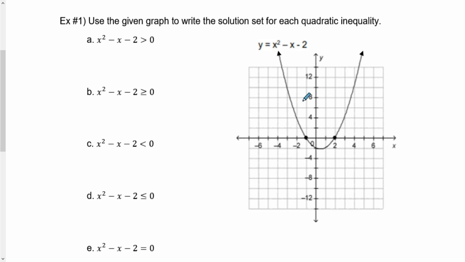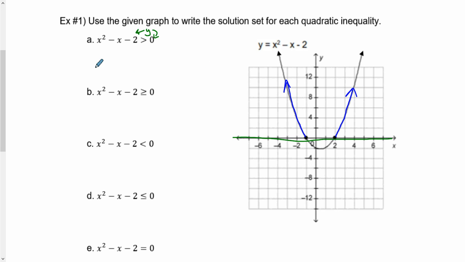Well, we can look straight at our graph and see where it's greater than our x-axis, because technically both of these sides are y. So it's y equals x squared minus x minus 2 and y equals 0. Since we're talking about where it is greater than 0, we're talking about this entire part here and this entire part here.